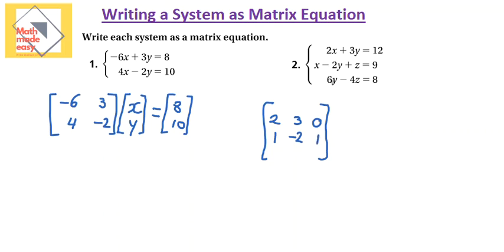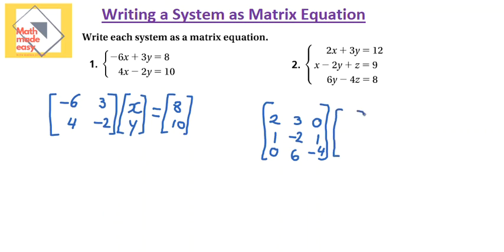In my third equation, I don't have x, which means x has been multiplied by 0. The coefficient of x is 0. Then I have 6 for y, and -4 for z. This is your coefficient matrix. 3 equations, 3 variables. Each equation is represented in a row, and each variable is represented in a column.